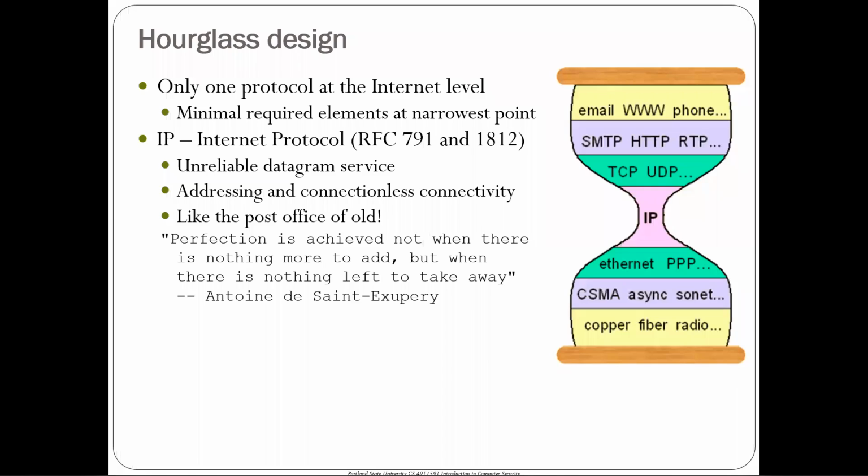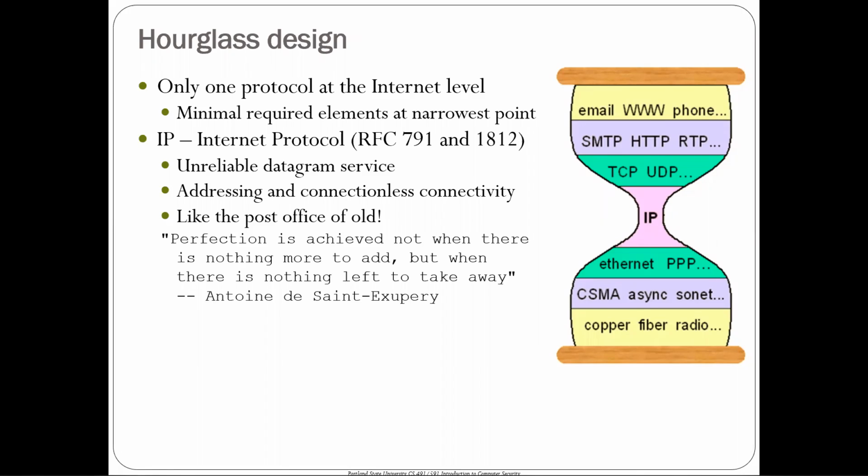So the first thing I need to talk about is the internet protocol stack. One of the design decisions for the internet is to have a minimal protocol at the network layer, and that leads to what they call an hourglass design.